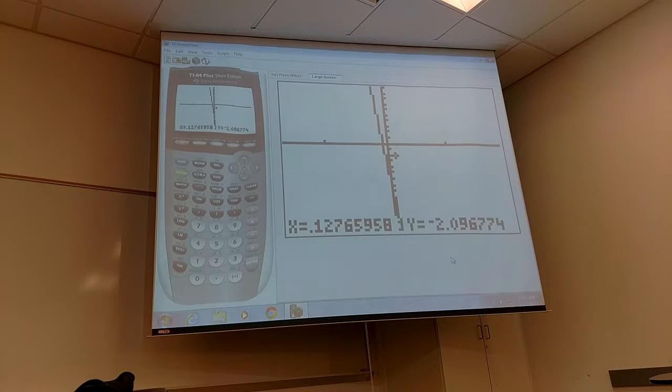So you get a question like this, question 81. It said, plot e to the 0.5x on the window -4, 4, 1 by 0, 8, 1.